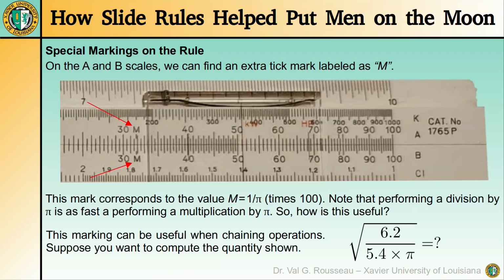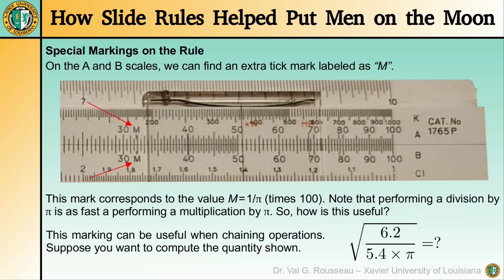Now on the A and B scales, there is a mark that is labeled as M. It corresponds to the inverse of pi, times 100. It might appear to be useless because performing a multiplication is as fast as performing a division. Yes, but actually no. It depends on the flow of operations.